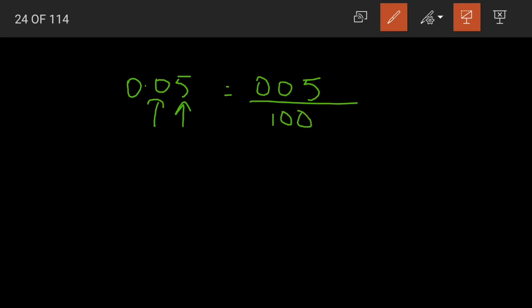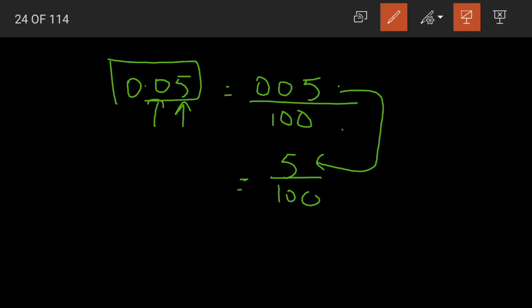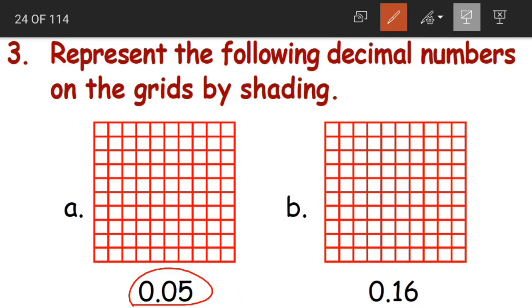So after 1 place 2 zeros. 005 by 100, or nothing but 5 by 100. 005 is equal to 5. Yes or no, children? Yes, 005 is nothing but our 5. So the decimal number 0.05 is equal to the fraction 5 by 100. Is this clear, children? 5 by 100 becomes our fraction for the given decimal number.